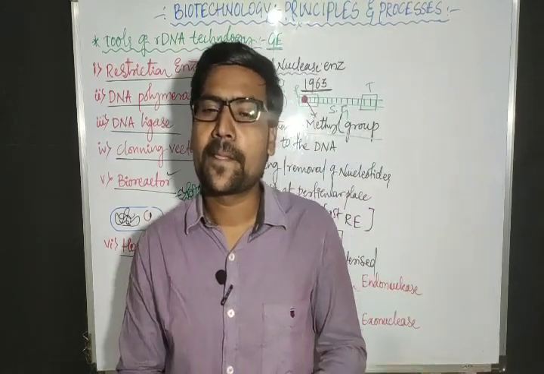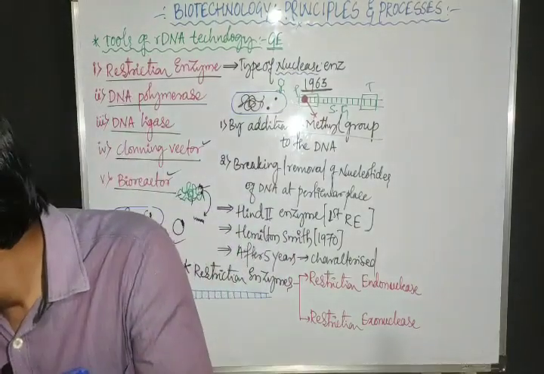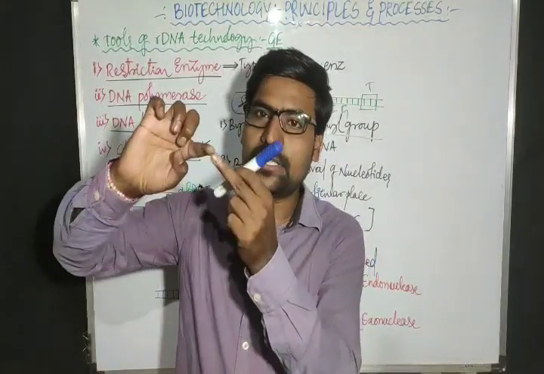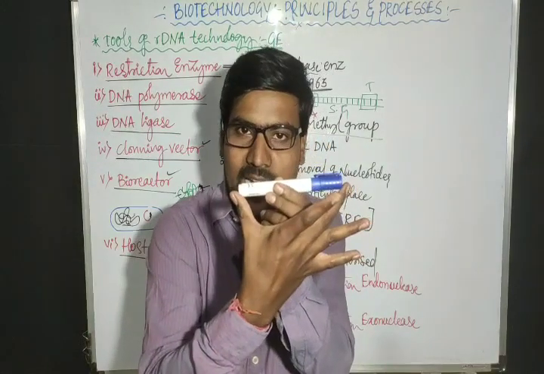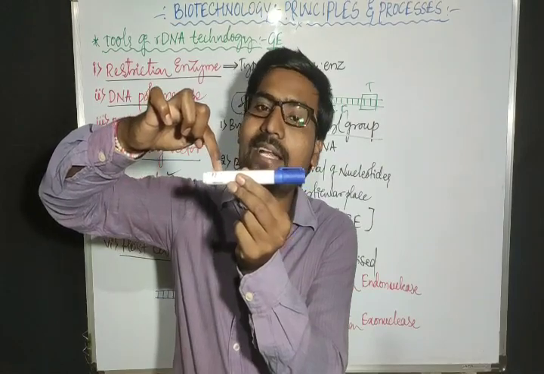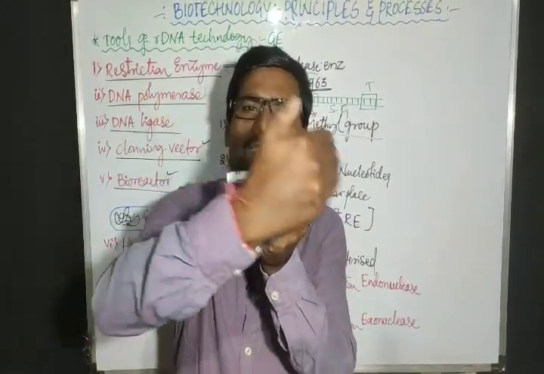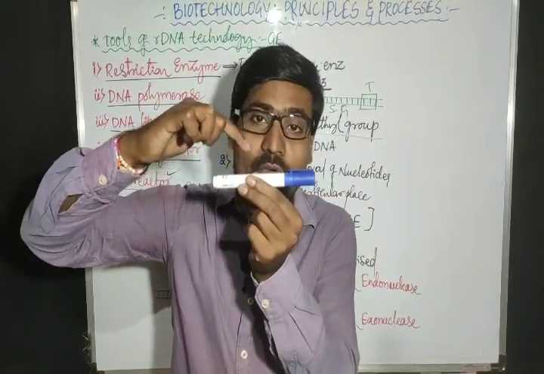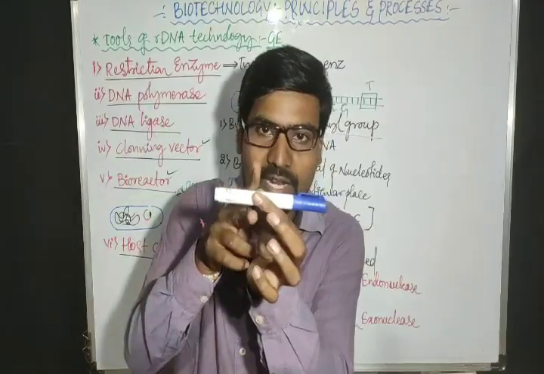Say for example, imagine this is the enzyme, and this enzyme is attaching to the DNA strand first. After attaching, it will read the sequence. Which sequence? DNA sequences, A, T, C, C, like that. Wherever it gets the suitable sequence, there it will attach and cut the DNA.